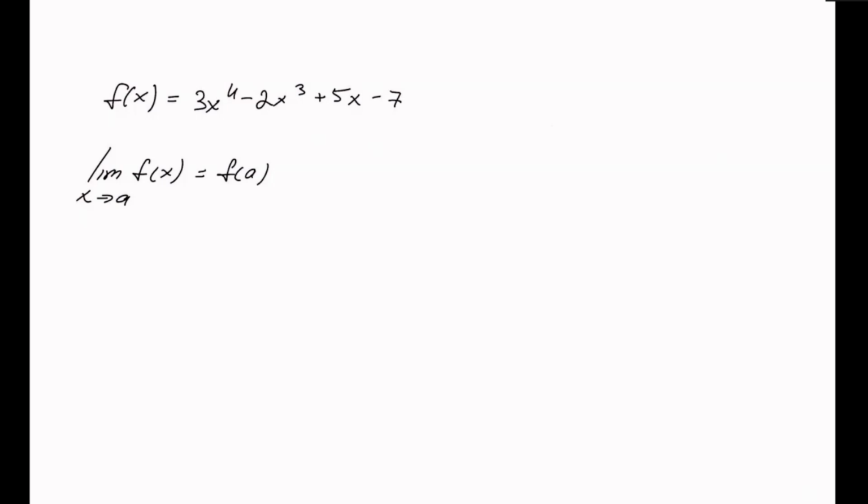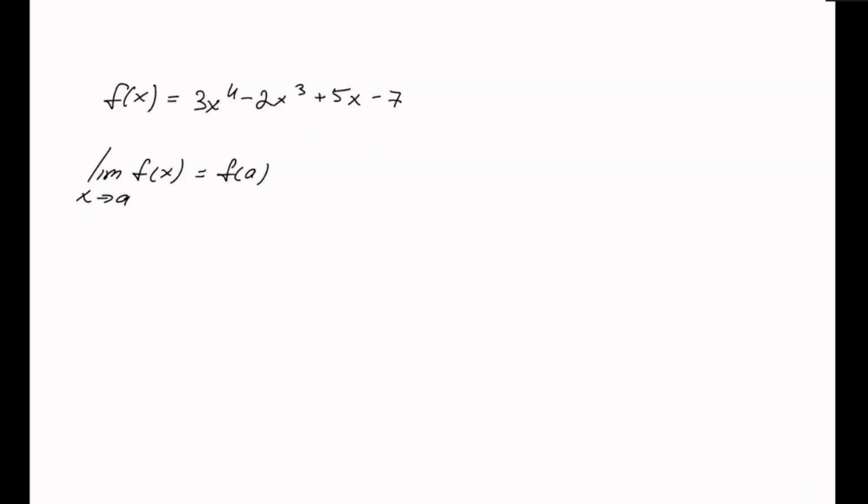Now that we understand continuity at a point and types of discontinuity, let's talk about entire families of functions that are continuous. First, polynomials. Here's a wonderful fact. Every polynomial function is continuous at every real number. Why?